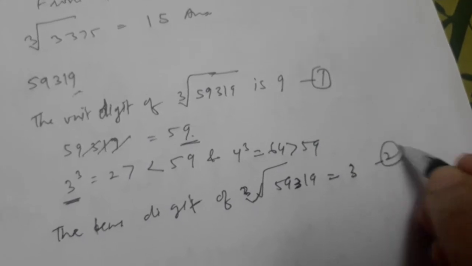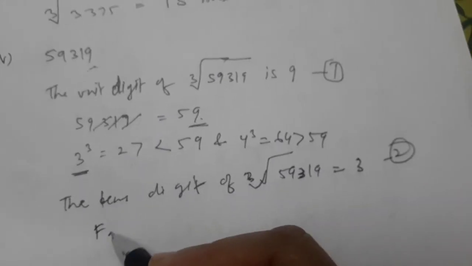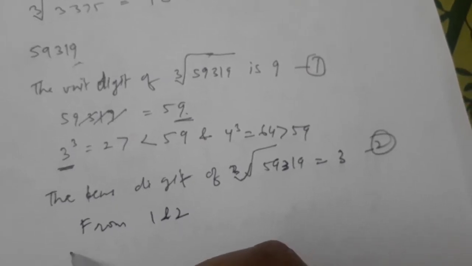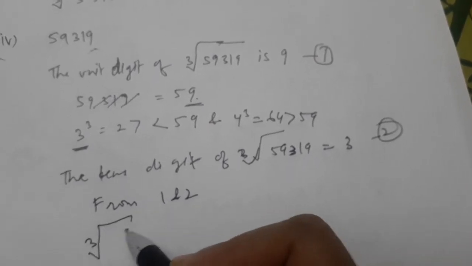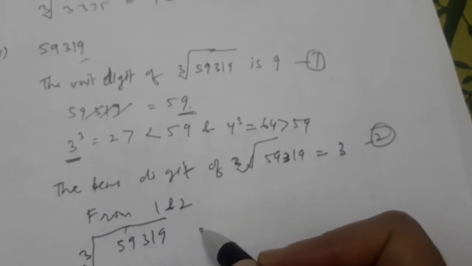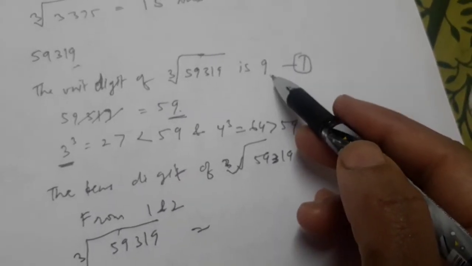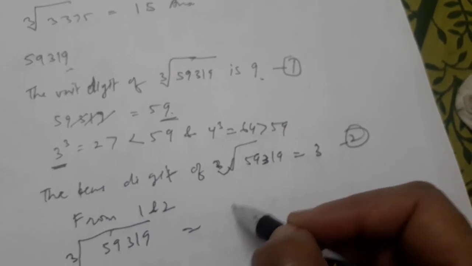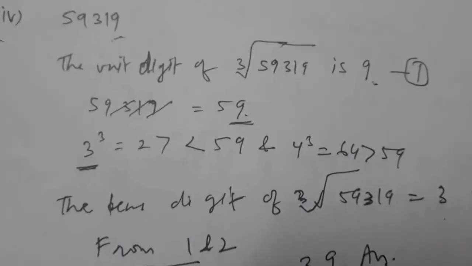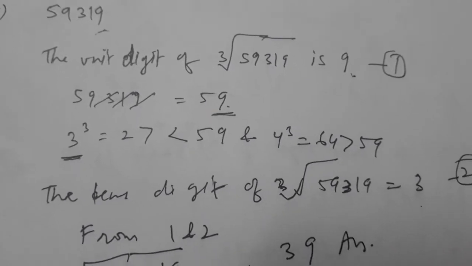It will become our second statement. So from 1 and 2, the cube root of 59,319 would be, it would be our unit digit and it would be our tens digit. So 39. That is our answer. Hope the question is quite clear.